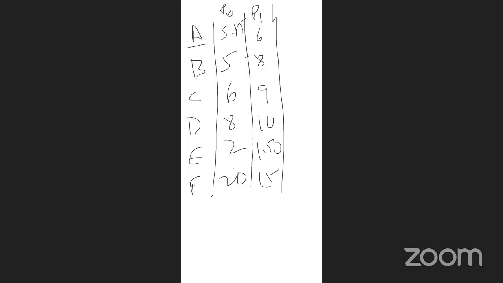Now he gave us the quantity Q0: 6 kgs, 6 liters, 1 kg, 6 meters, 4 grams, 1 kg. So this is how the quantity was given.